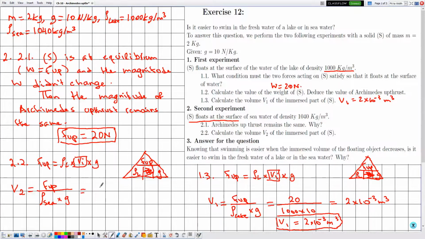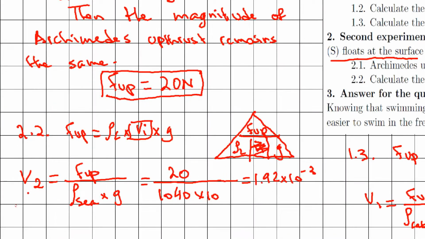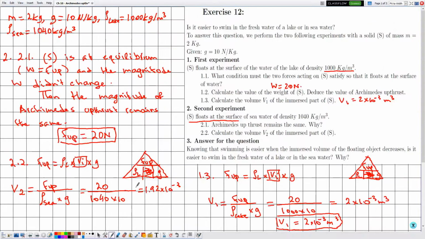Then F upthrust is 20, and the density of seawater is 1040 multiplied by g, which is 10. Plugging this fraction into the calculator, V2 is 1.92 times 10 to the power minus 3. Since everything is expressed in the SI, the volume V2 is in cubic meters. Then the volume V2 is 1.92 times 10 to the power minus 3 cubic meters.